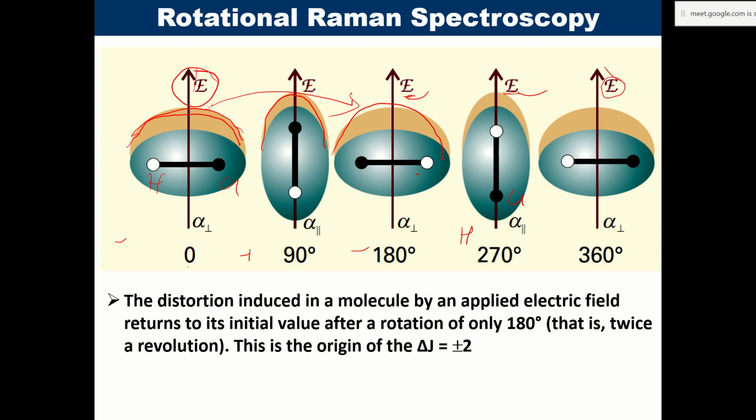returning polarizability returning to the original thing after 180-degree rotation. When you rotate by 180 degrees, you are getting the same value of polarizability, and then again continuing the rotation to 360 degrees.